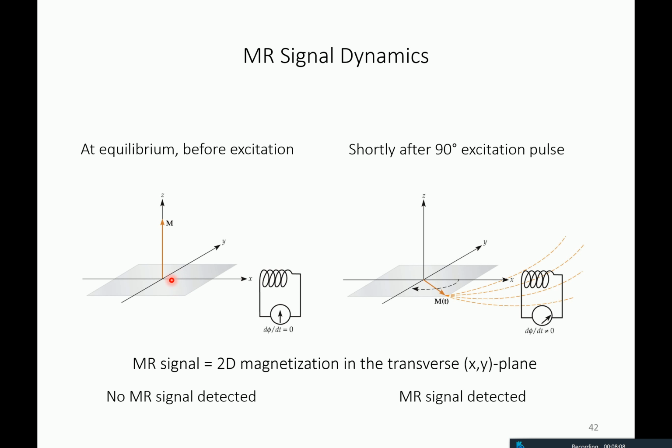In this case, the net magnetization vector is aligned with the z-axis. The idea is that this is the case once the probe, or whatever you put into the scanner, is at equilibrium and nothing has happened. So it's only the static magnetic field that is working.